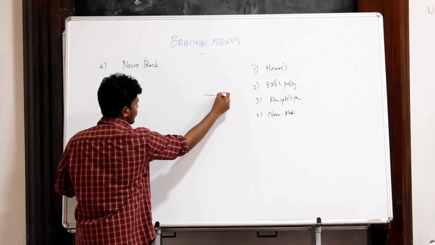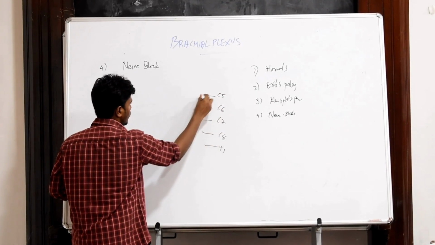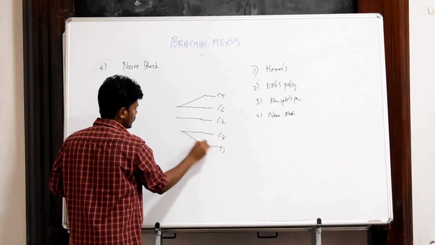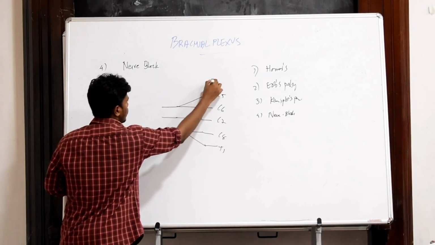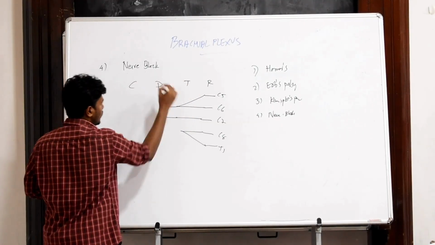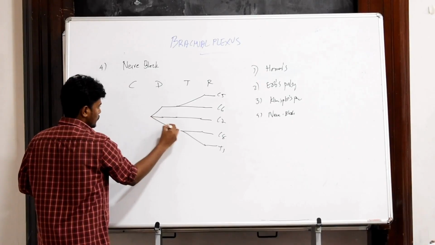It arises from C5, C6, C7, C8 and T1. The 5 roots unite to form 3 trunks: R, T, D, C, root, trunk, division and cord. The 3 posterior divisions form the posterior cord.